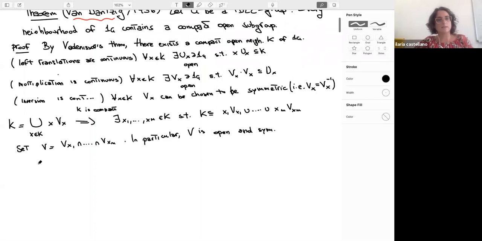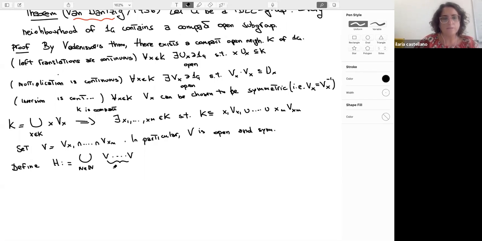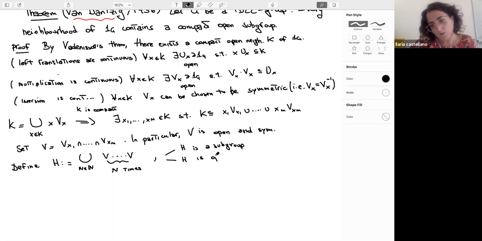Okay, now let's see the subgroup that I want to build. So how this V is going to play a role. We define H to be the union over all possible natural numbers m of products of V, of course, where we multiply m times. And then we note that H is a subgroup because V is symmetric, and H is open because V was open.